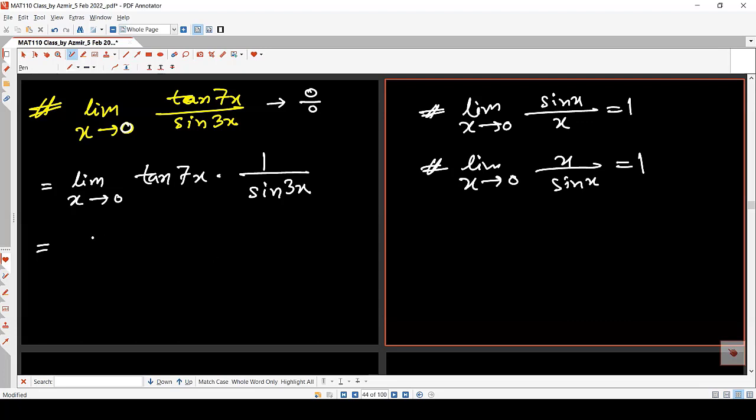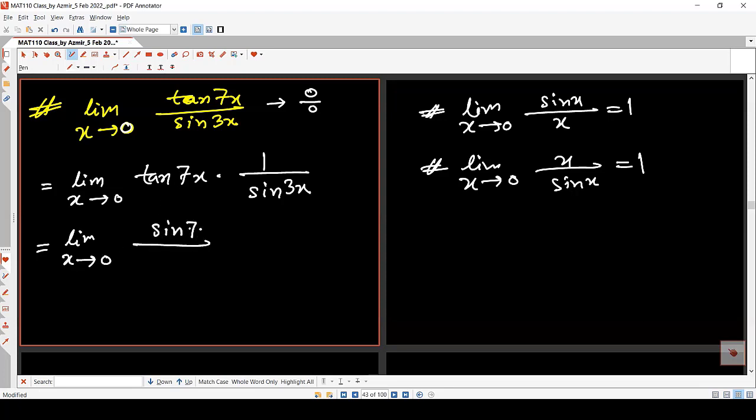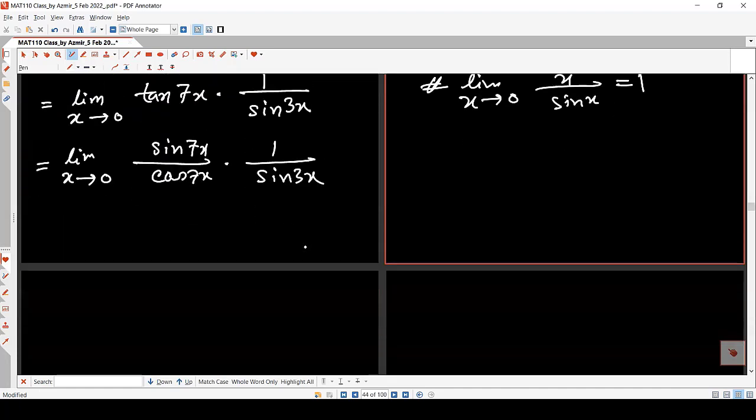So we can think about these formulas. At first, let us write this one as sine 7x divided by cosine 7x. We can simplify this way. And we have sine 3x.